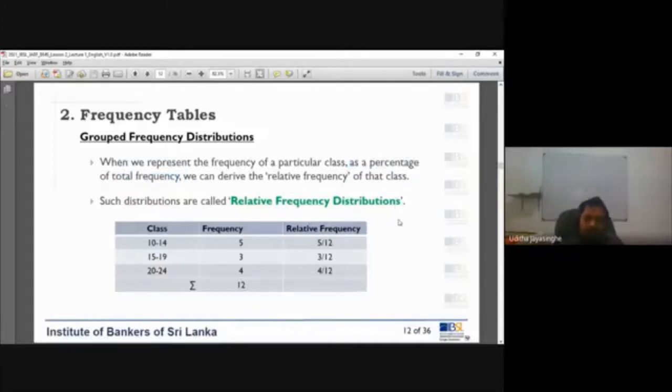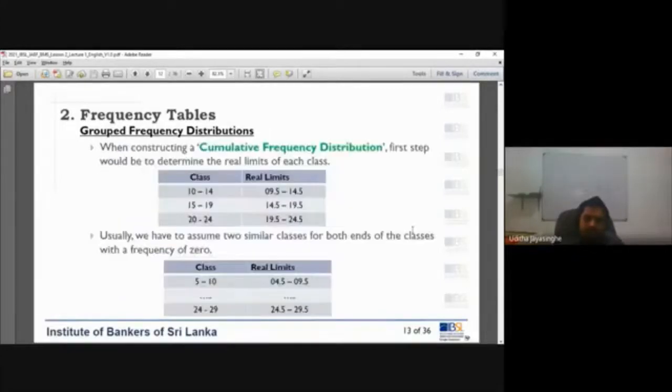Moving on, another style of frequency distribution that we can discuss is the cumulative frequency distribution. The word cumulative sounds a bit strange, but the idea is nothing but: what is the total up to now?